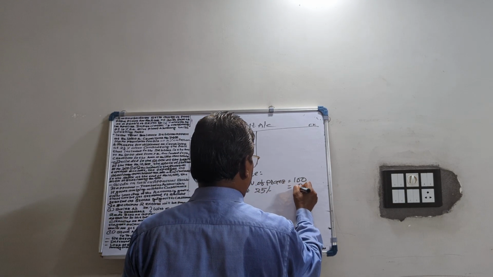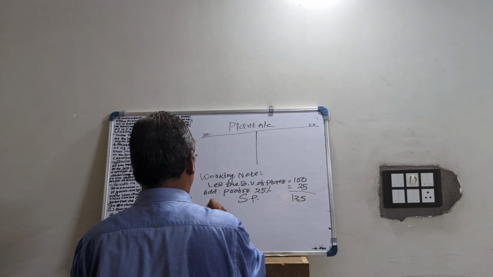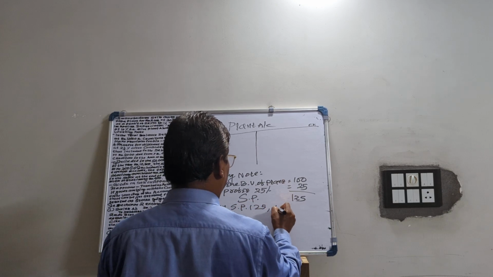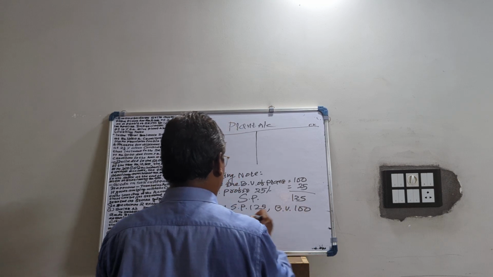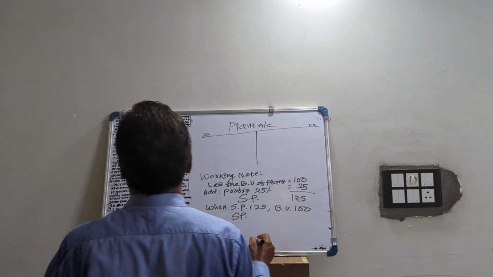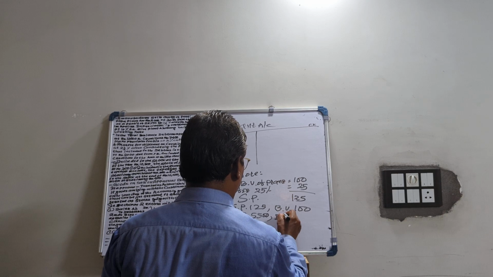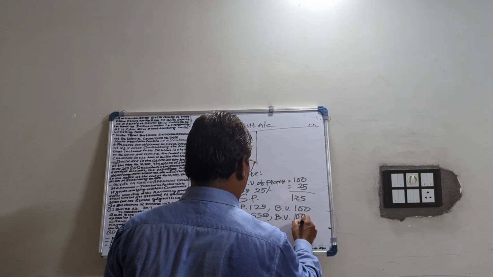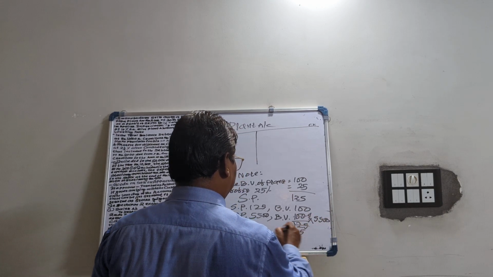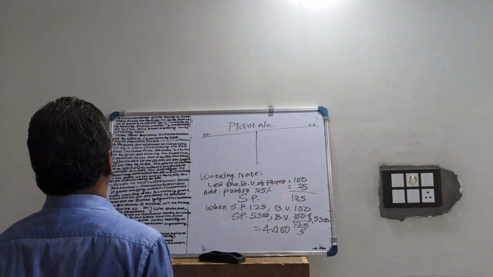That is, the sales price of plant is 125. When sales price is 125, then book value is 100. When sales price is 5,500, book value is equal to 100 by 125 into 5,500. So 4 by 5, that is 4,400. So 4,400 is the book value of plant.